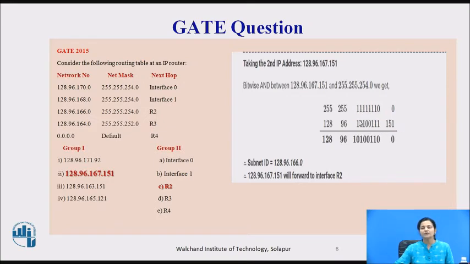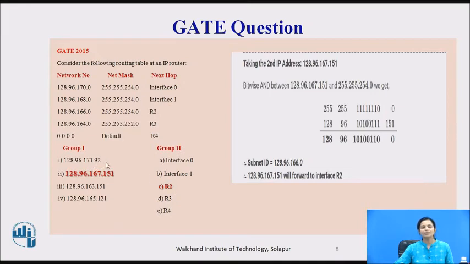Again we are masking with these 8 bits only, not every bit is needed. After that we found 128, 96 and 166.0. Here it is matching with R2, so the next hop will be R2.